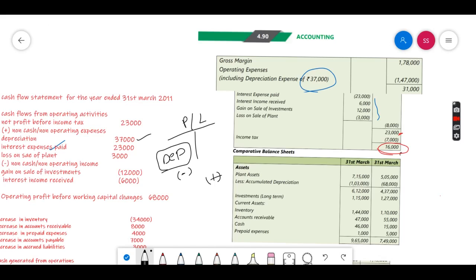So in the P&L account, even though there is no cash outflow because of this item, you have deducted it, now we will add it back.